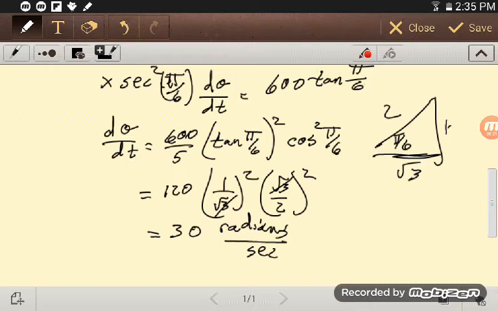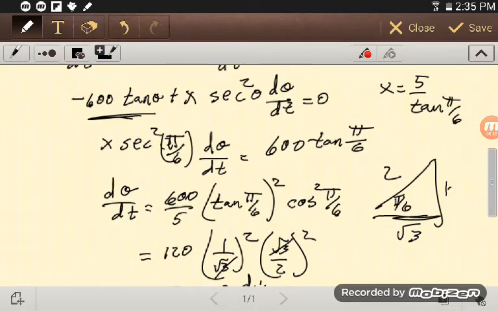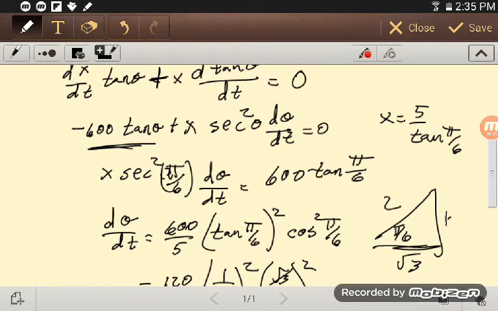Let's see, so this was, I just want to look at what x was here, just because that's really weird. Okay, so x, 5 miles out, and this tangent was 1 over the square root of 3, so it was only square root of 3 is like 1.7, so this is like 8.5 miles out.